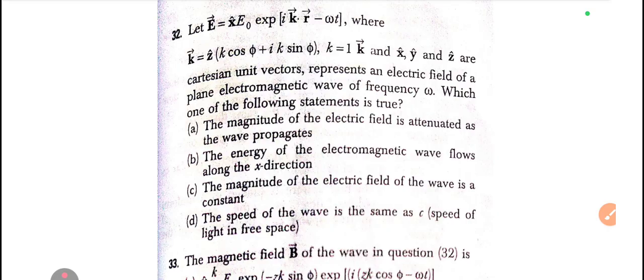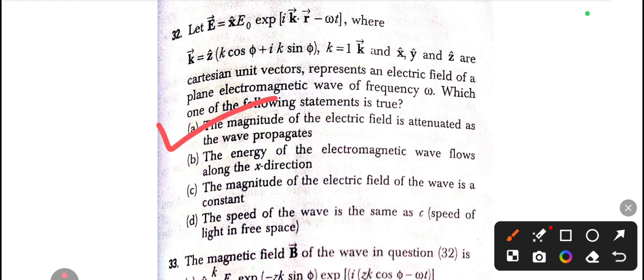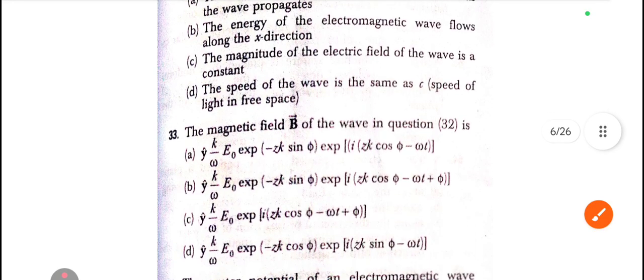K is complex. As you see, K vector is equal to z cap k cos phi plus iota k sin phi. This means wave is propagating in conducting medium. If K is complex, the wave is propagating in conducting medium. Thus, electric field gets attenuated as the wave propagates. And the most probable answer for this question is A part.